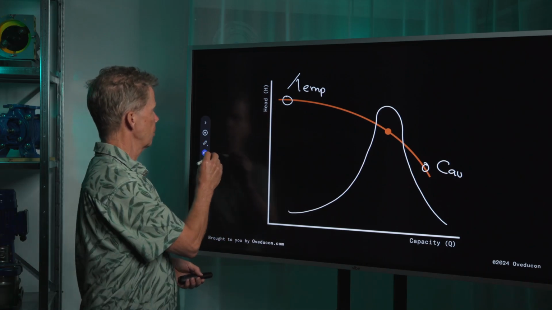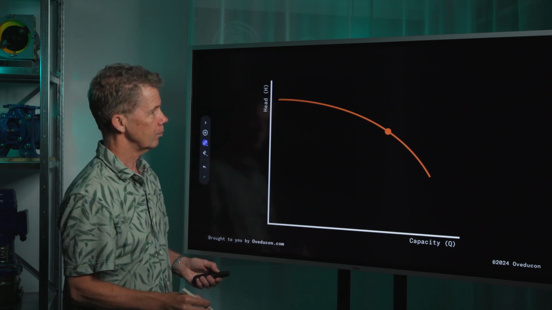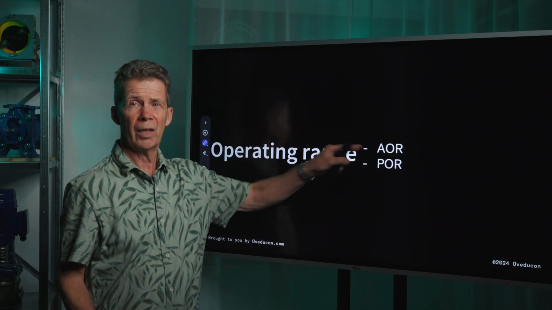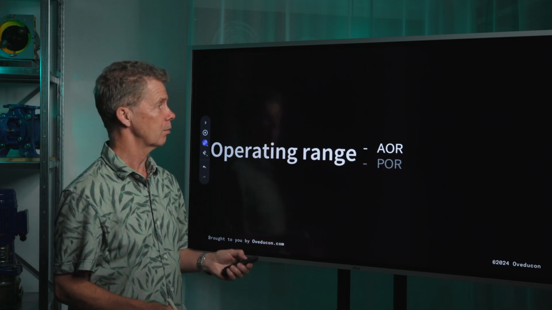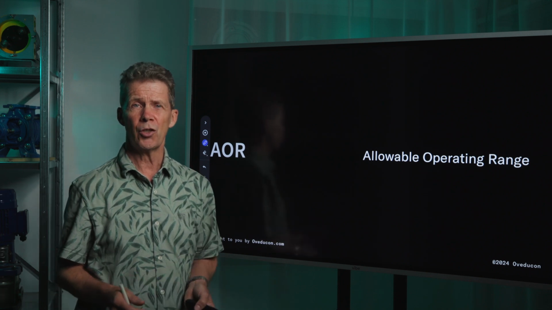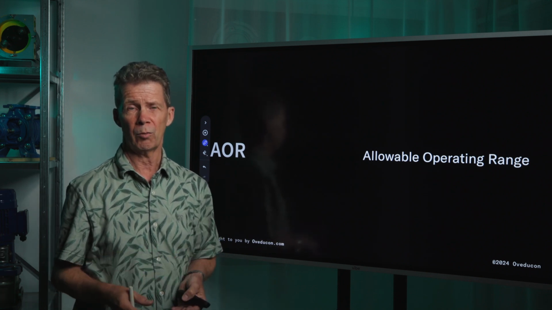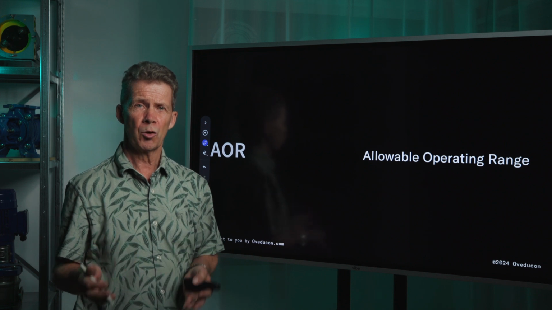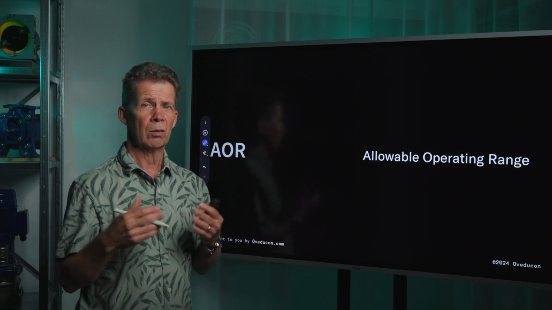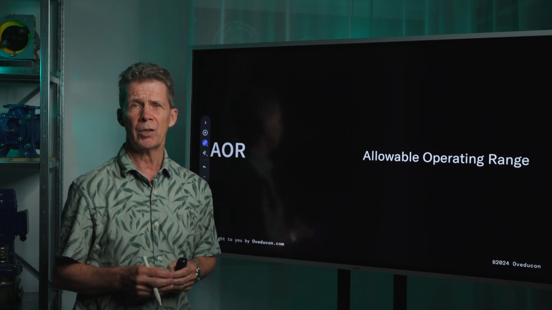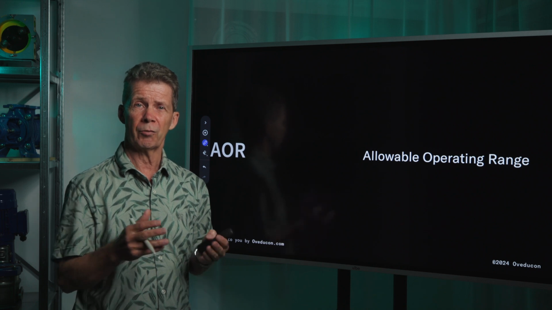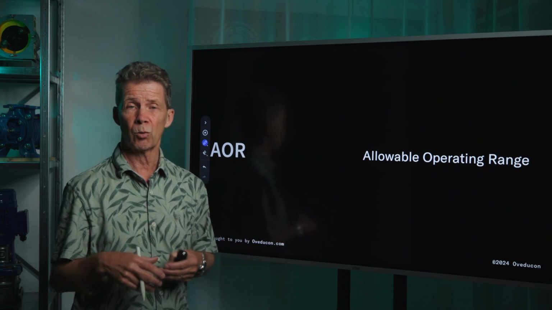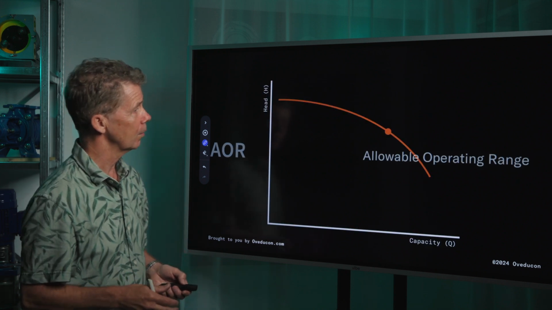According to Barringer-Nelson, we have 2 operating ranges. That is the AOR and that is the POR. Let's start with the AOR. AOR is the abbreviation of allowable operating range. Most pump users will use the allowable operating range because it meets their expectations of the lifetime of the pump, but also the behavior of the pump.